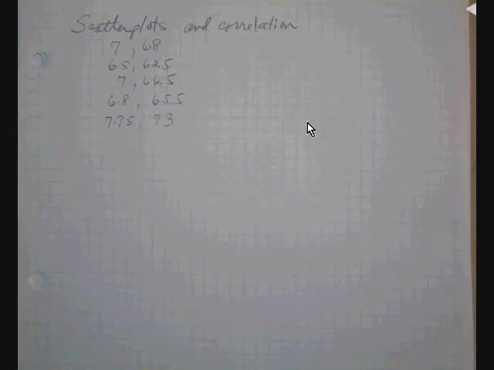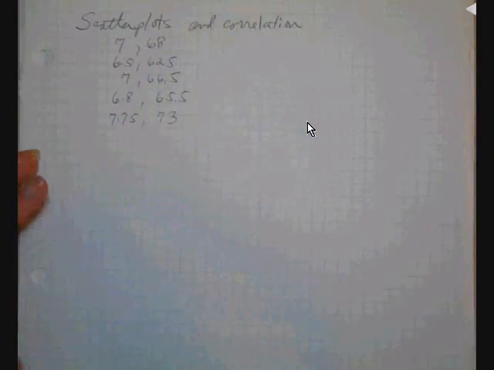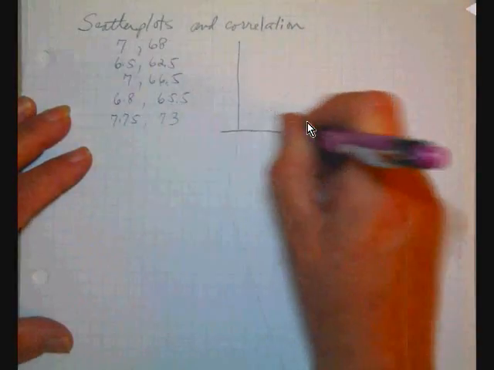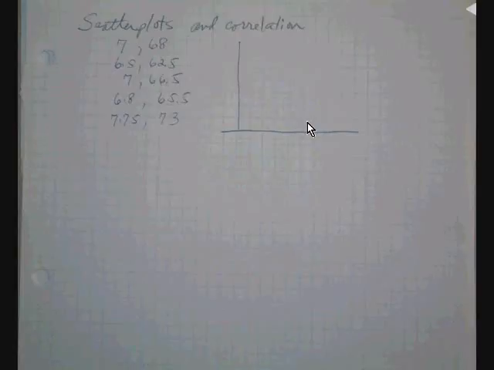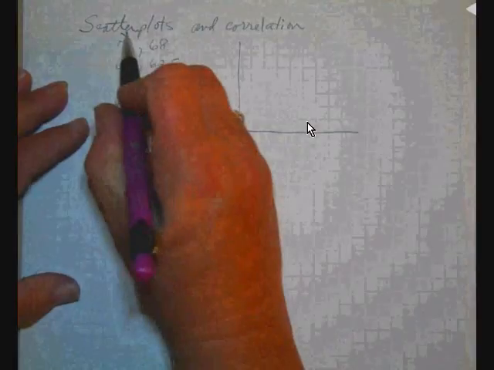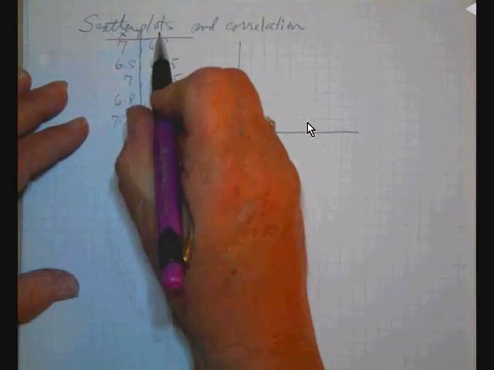Now, scatter plot by hand. Let me make sure that I scale my axes the way I want them and label my axes the way I want them. I'm going to use these numbers as my explanatory variable and these numbers as my response.